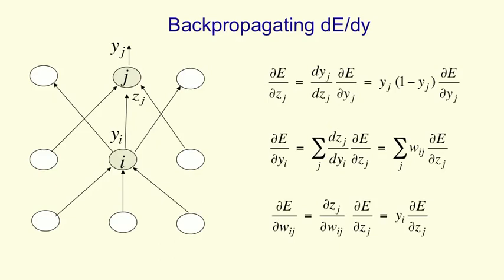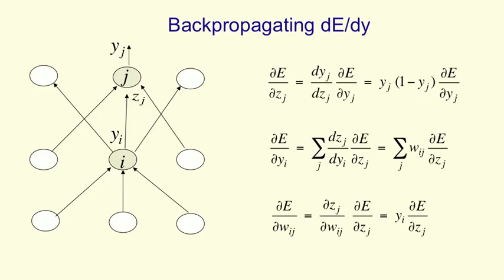So on this slide we've seen how we can start with dE by dy_j and backpropagate to get dE by dy_i. We've gone backwards through one layer and computed the same quantity, the derivative of the error with respect to the output, in the previous layer. So we can clearly do that for as many layers as we like.